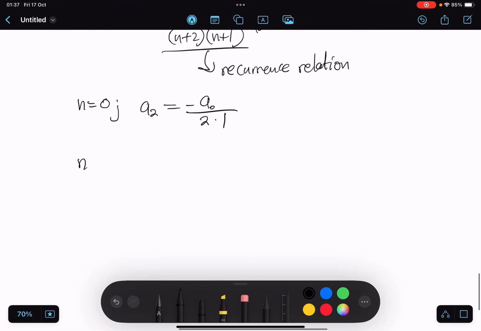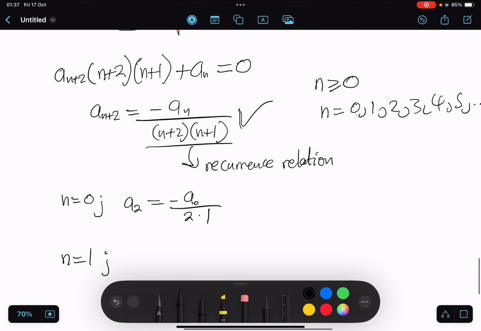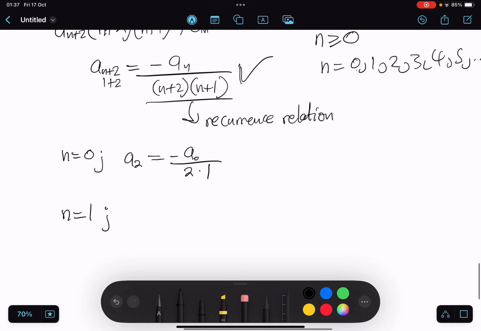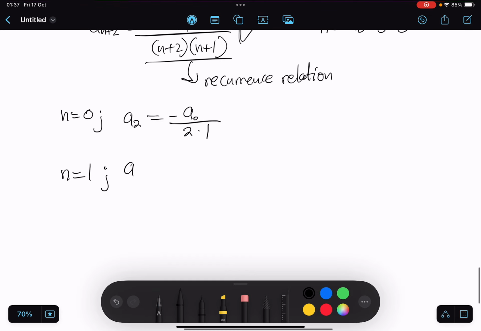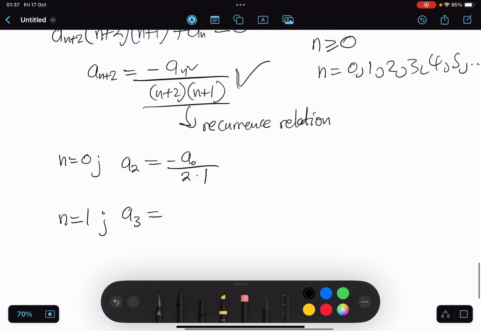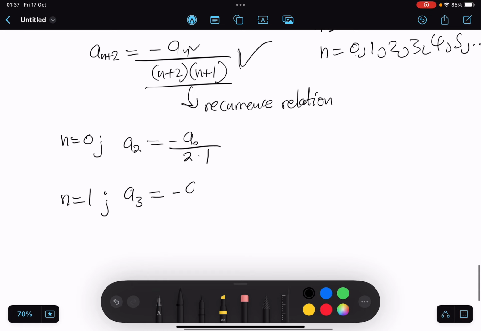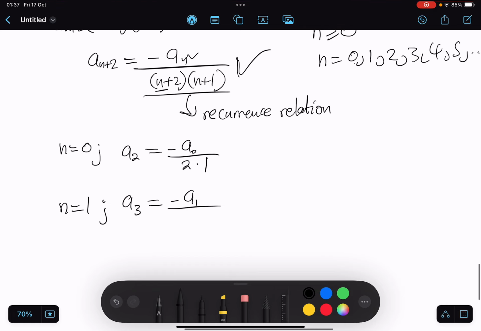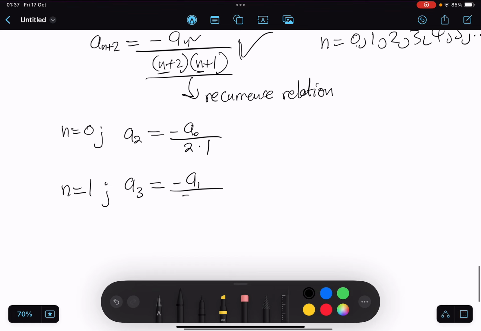And then when n is equal to 1, we are going to have 1 plus 2, right, which is 3. So you're going to have a3 is equal to, where there's n you put 1, so this is minus a1 over, where there's n in the denominator you put 1, so it is going to be 3 times 2.